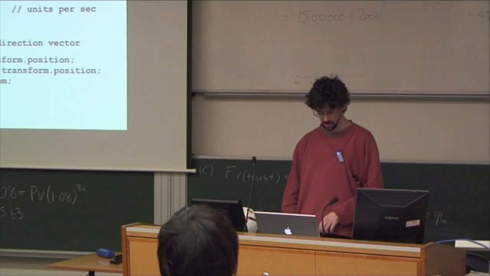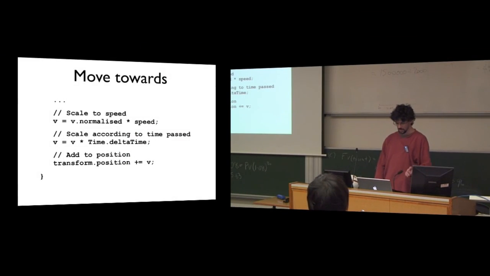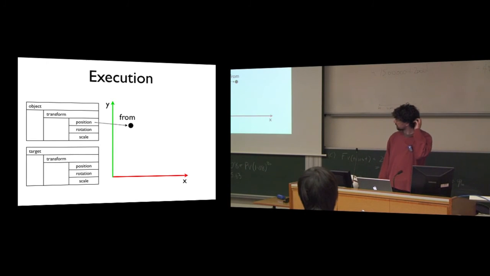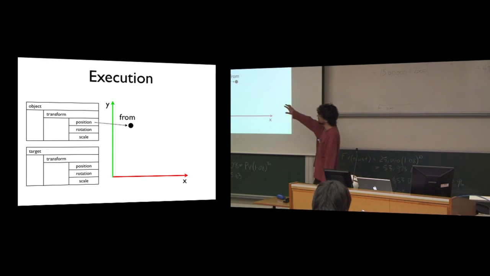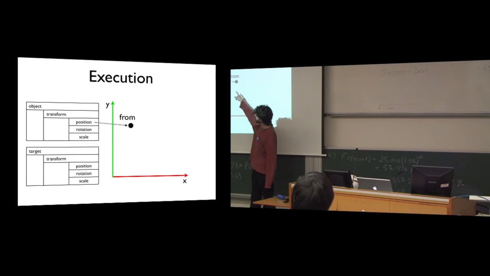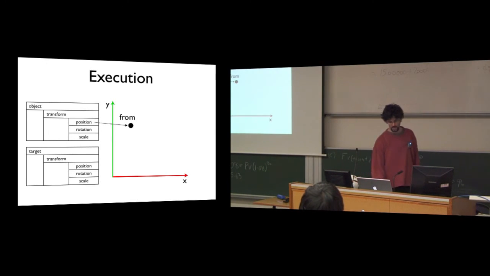Okay, so there's the code for doing that, and I've commented it there. This is showing you what's happening when you execute it. So this is the object which we've got the script on. We take transform.position, which is this point here, and we assign it to from. We take the transform.position of the target, and we call that to.